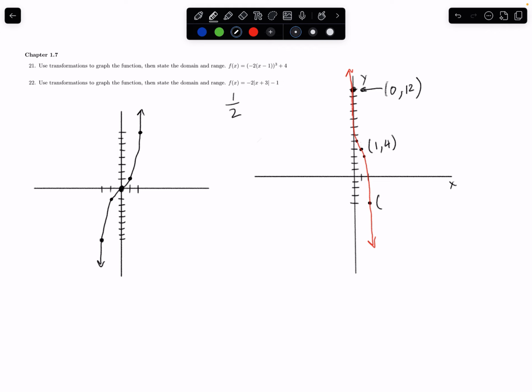This position here, let's see, 1, 2, -4. So that's 8 down from the original starting position. Okay, there you have it. That's question number 21. So let's do question number 22 now.